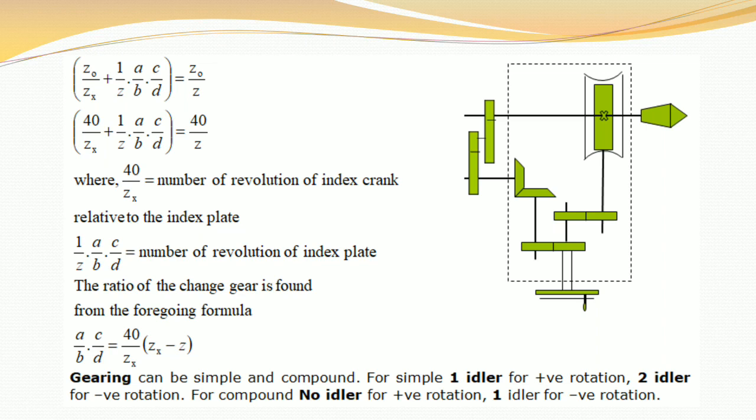The ratio of the change gear is found from the foregoing formula: A by B into C by D is equal to 40 by Zx into Zx minus Z.